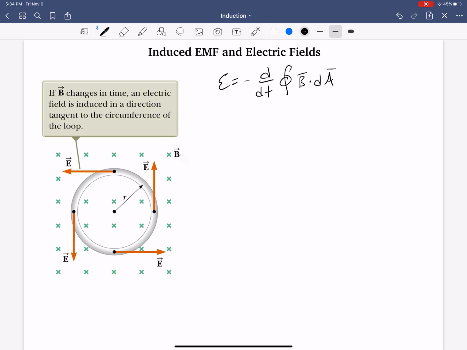And because charges are in motion, that's effectively a current. That means we also have an electric field in the direction of their motion. And there are just 4 locations that the electric field is being specified here, but really there's an electric field at every point around this loop. Every single point, but just 4 are shown for simplicity.